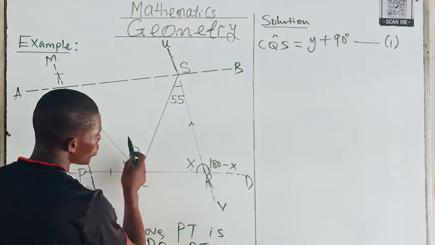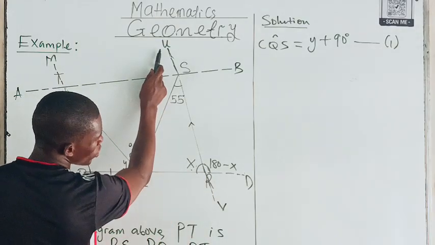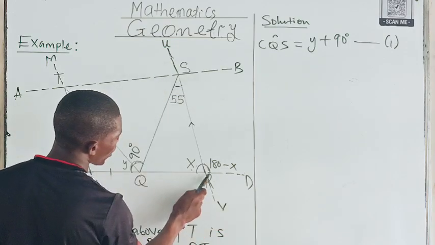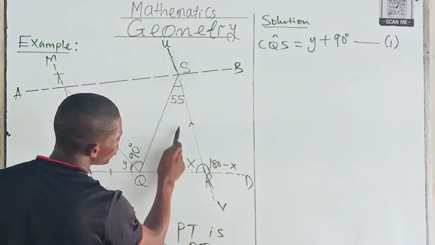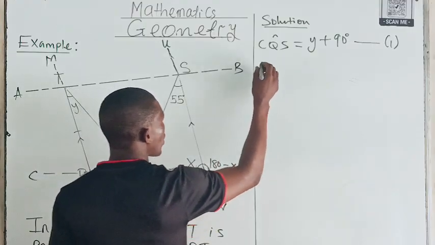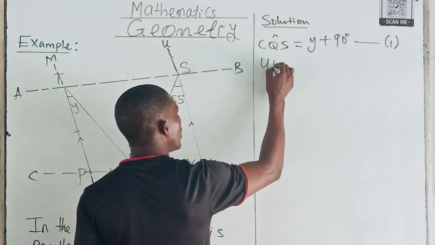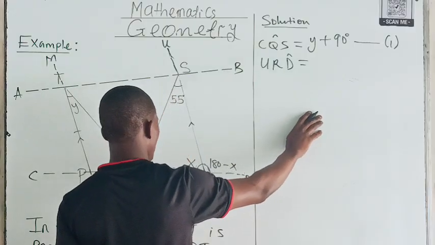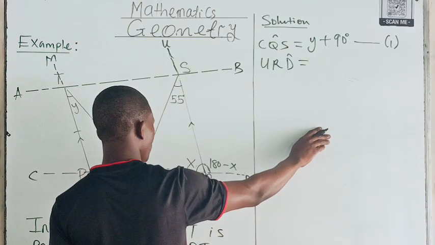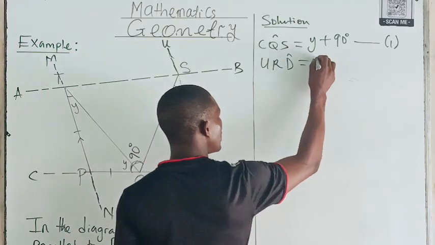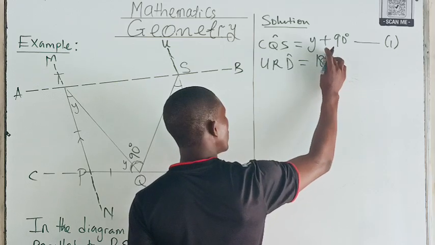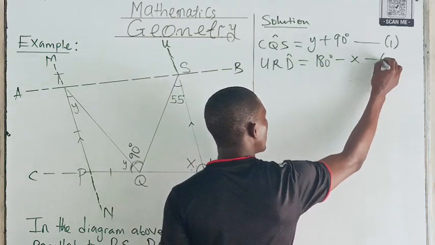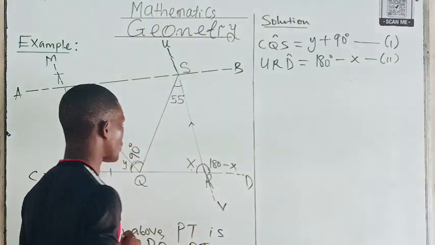You can call it angle URD, because there is URD. So angle URD equals 180 degrees minus x. Let's call that equation 2.